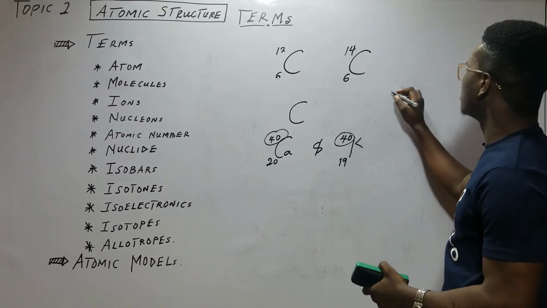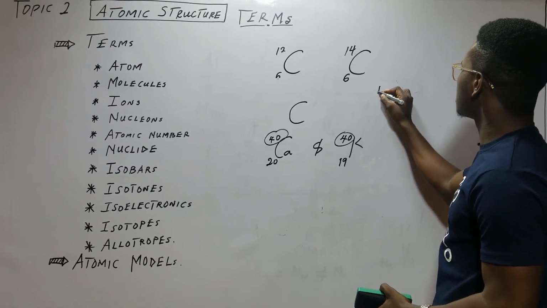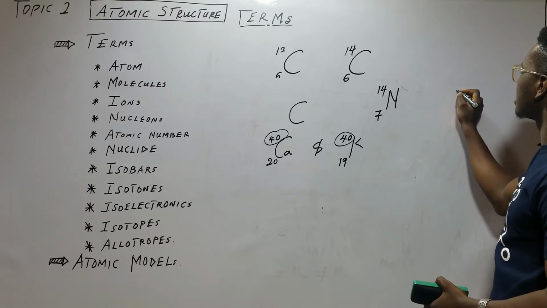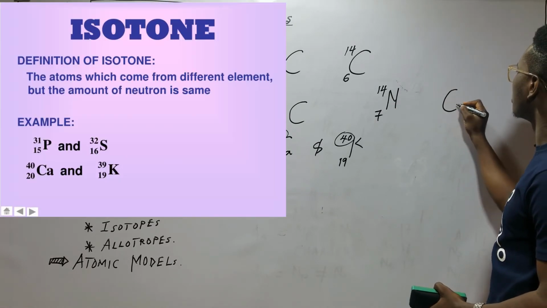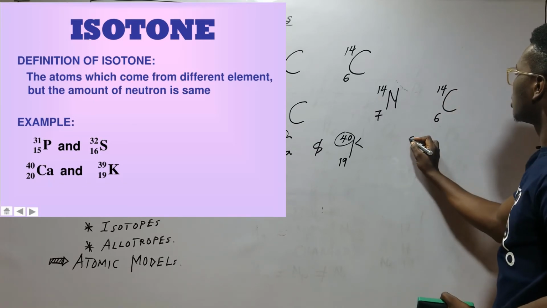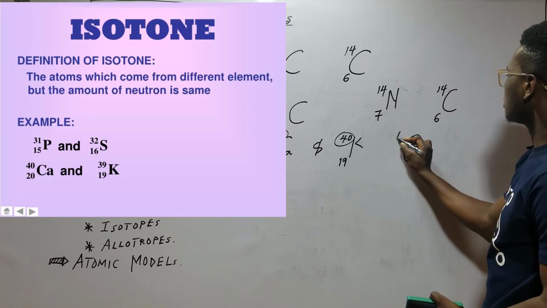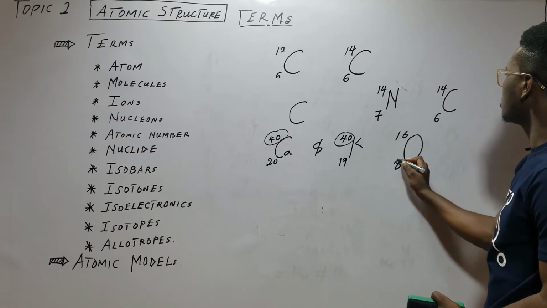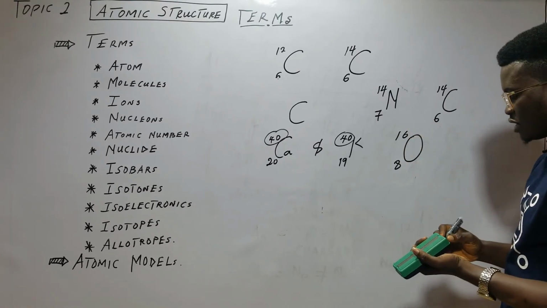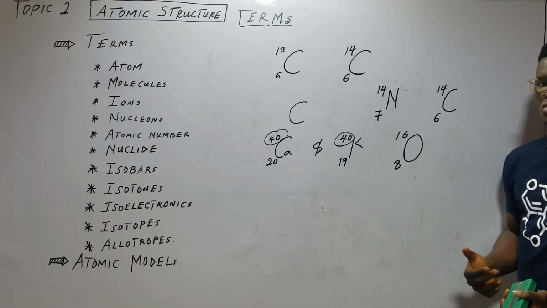Let's have nitrogen 14, atomic number 7, carbon 14, atomic number 6, and oxygen 16, atomic number 8. Now, looking at what we have here, which ones are isotones?